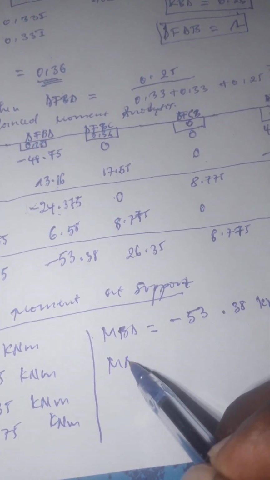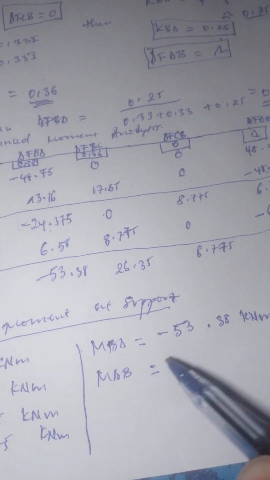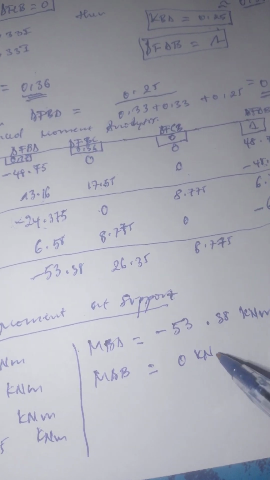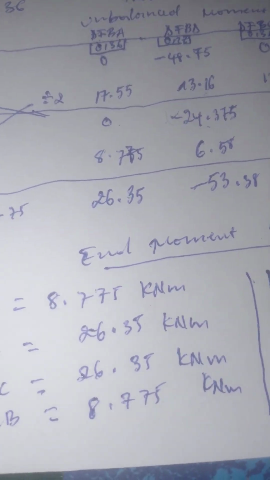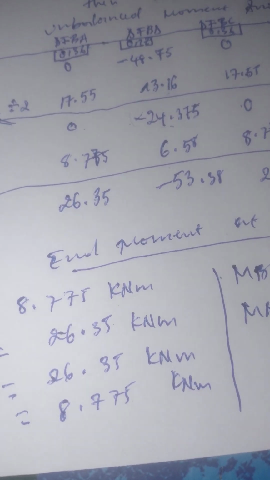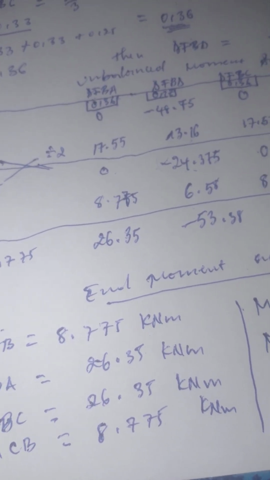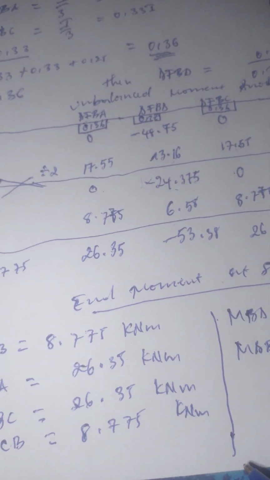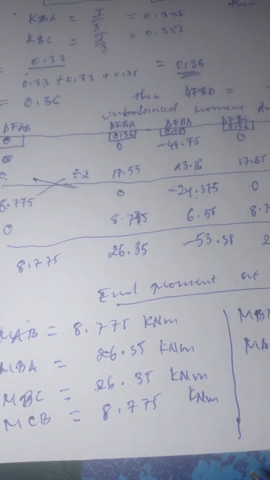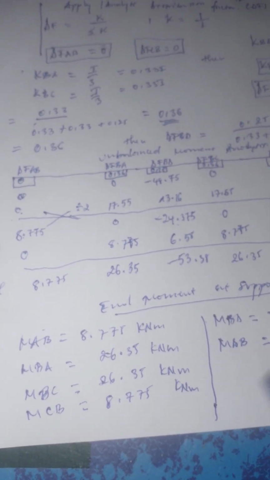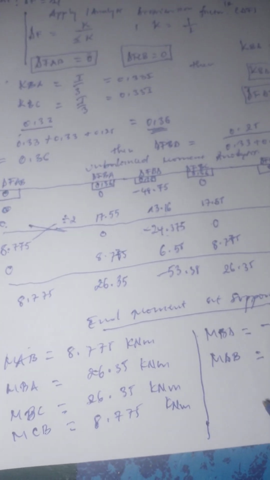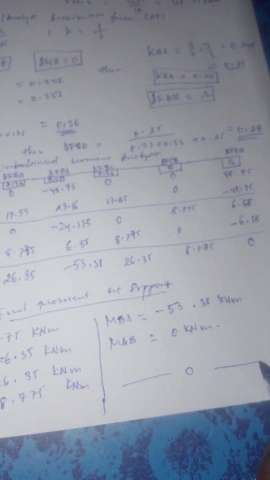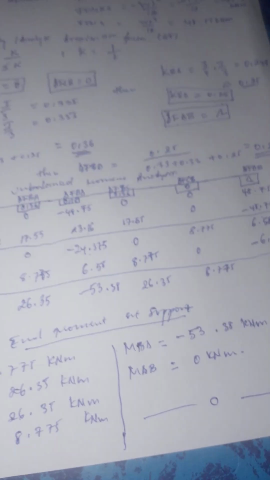Then moment DB is equal to 0 kilonewton meter. By using different direction, we have this as the final end moment of the frame structure. That is the end of this equation.